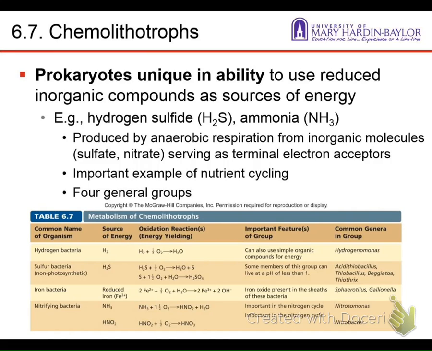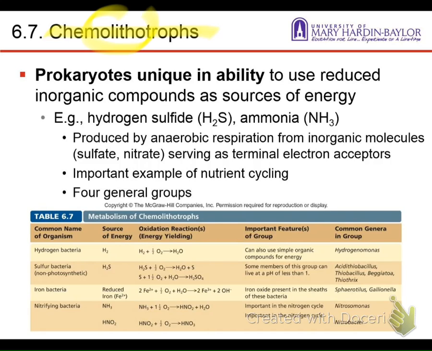There are lots of prokaryotes that have unique abilities, because there's a good bit of diversity. One group I'm pretty sure you haven't thought about before are chemolithotrophs. You learned the name and what it means the other day. Do you remember what chemolithotroph means? You've got to think about 2 things. Where do they get their energy from?